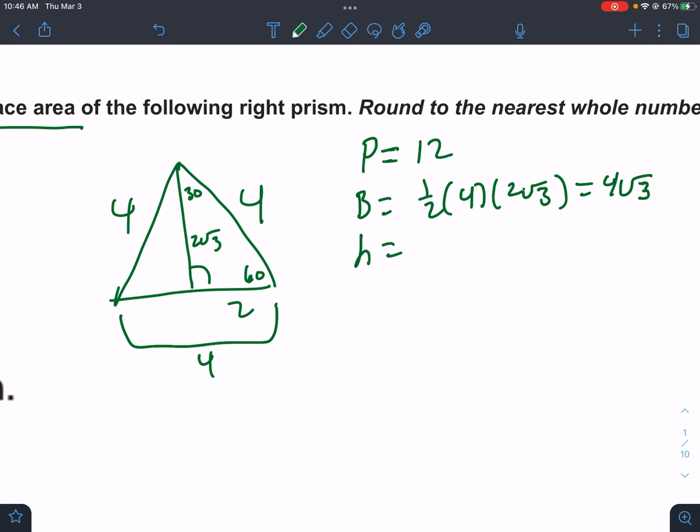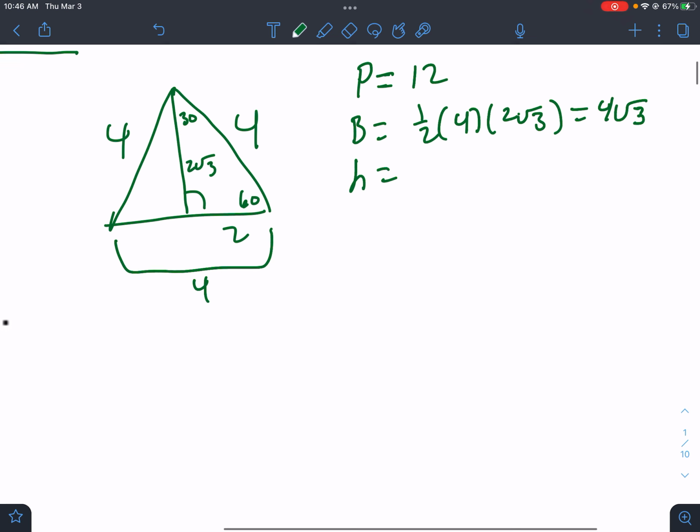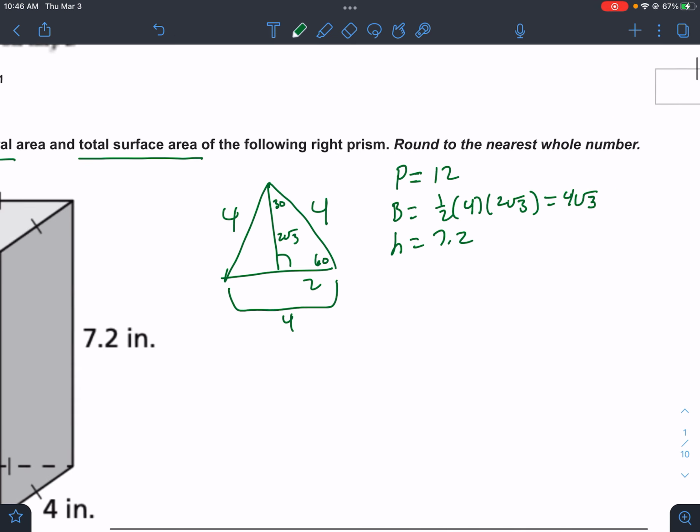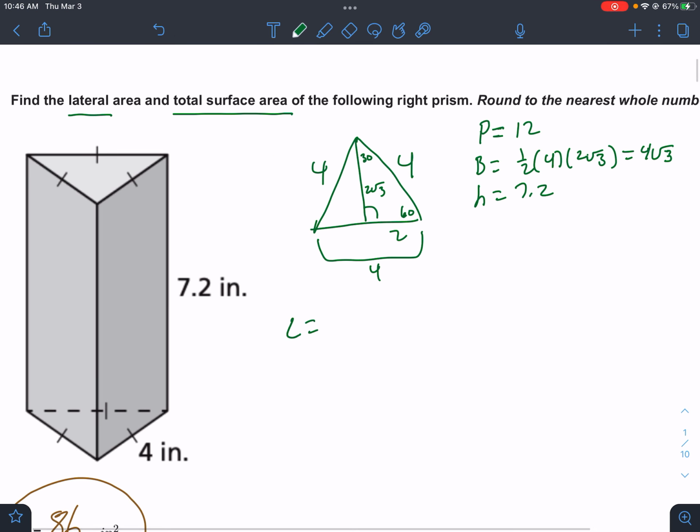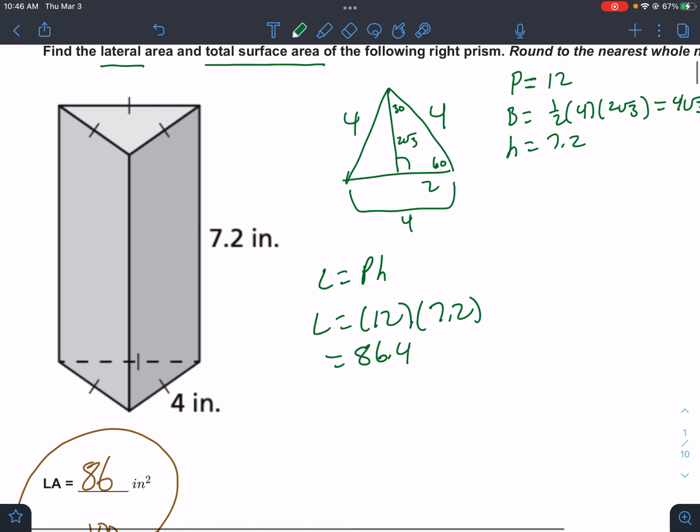And then the height, we need the height, is 7.2. So for the lateral area, that formula is pH, and that is going to be 12 times 7.2. 12 times 7.2 is 86.4, but they say round to the nearest whole number, so it's going to be 86.